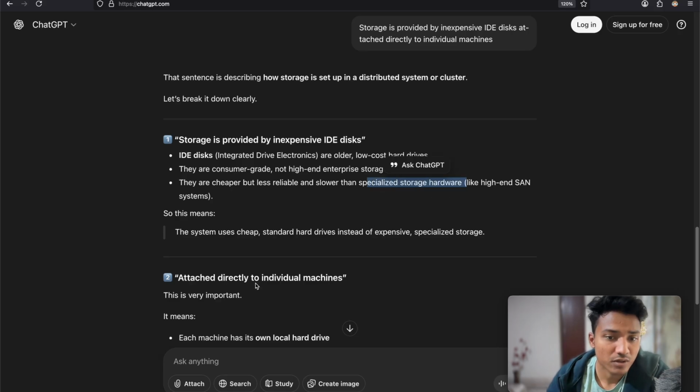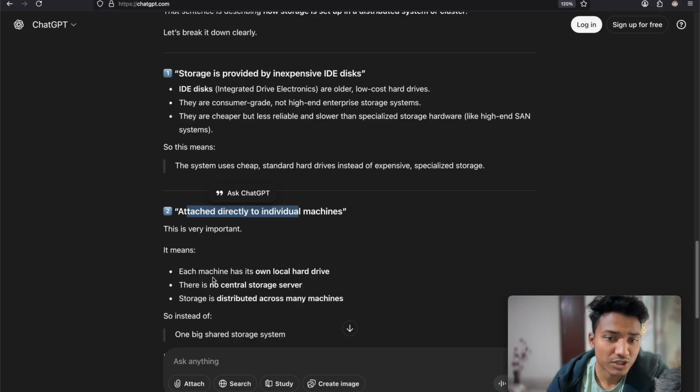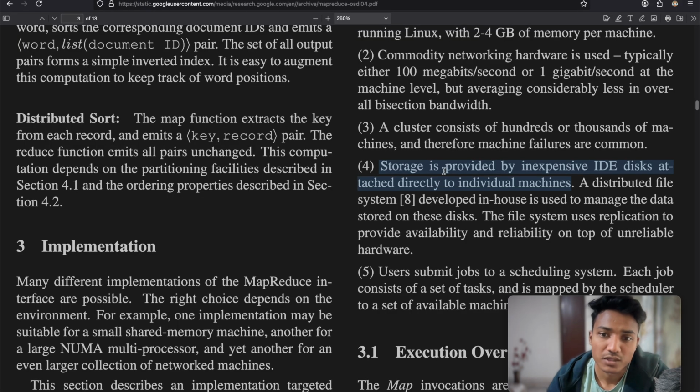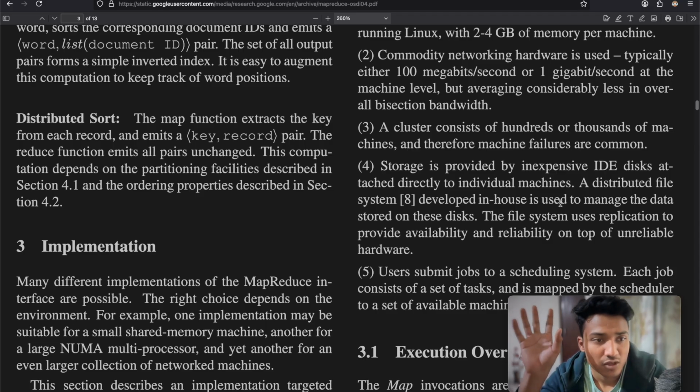Attached directly to the individual machine, meaning each individual machine has its own local drive. So basically, what they mean is that each machine contains some sort of older, cheaper-priced hard disk attached to it.